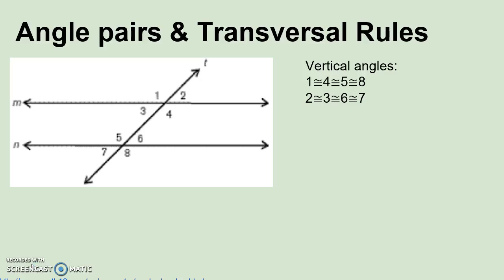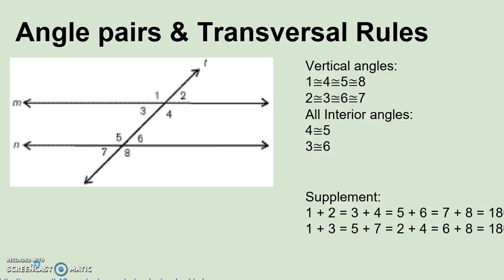Also, angle 2 and angle 3 are equivalent. Angle 6 and angle 7 are equivalent. The interior angles can also be drawn as equivalent. Angle 4 and angle 5, and angle 3 with angle 6. The supplementary rule will lead us to be able to conclude that 1 and 2, 3 and 4, 5 and 6, and 7 and 8 all add to 180.